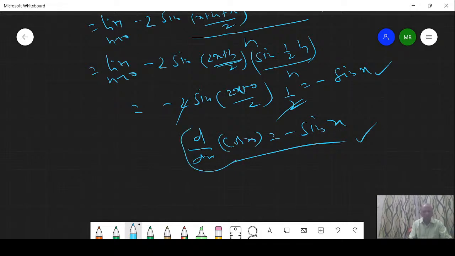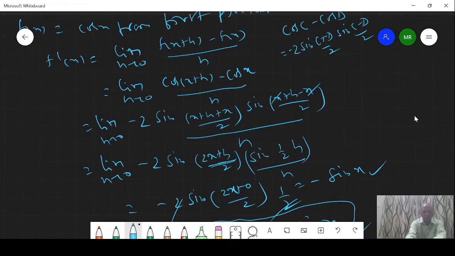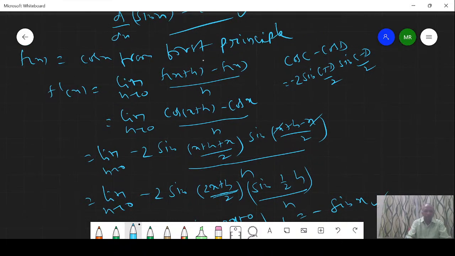Remember this as a formula. When they are asking by using first principle, you should do it like this only. Take the given cos x, from first principle. Write the formula, then replace with cos of x plus h minus cos x by h. Limit h tends to 0, cos c minus cos d is minus 2 sin((c+d)/2) sin((c-d)/2).